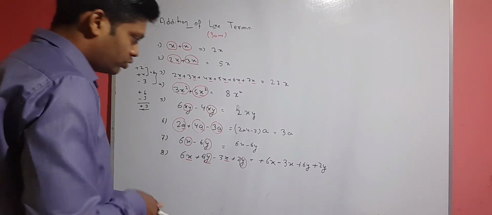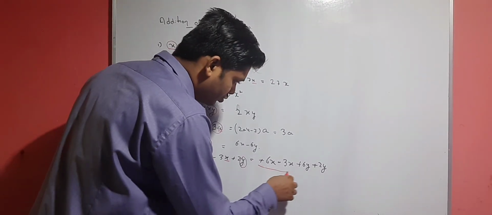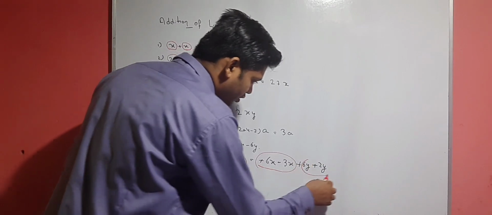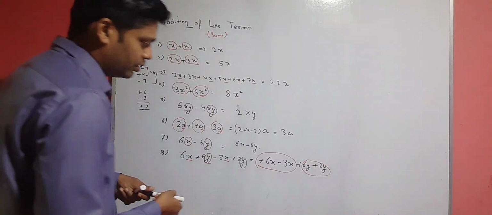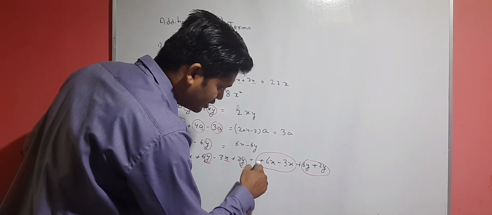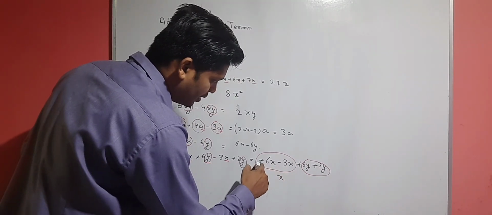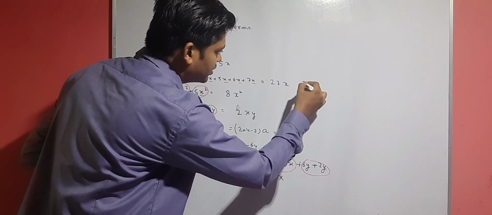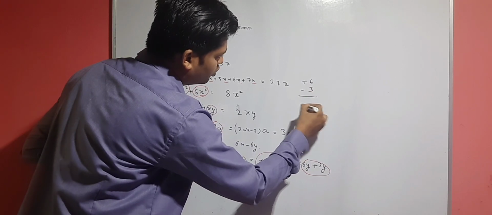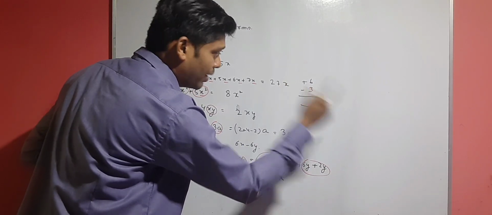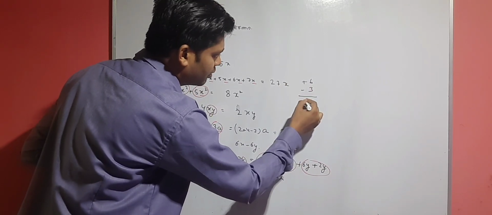Now we have to solve these two in the same family. Your answer will be, x first you write, same family. Now plus 6 minus 3. So plus minus minus, you have to do the subtraction, the sign will be of the bigger number, plus.